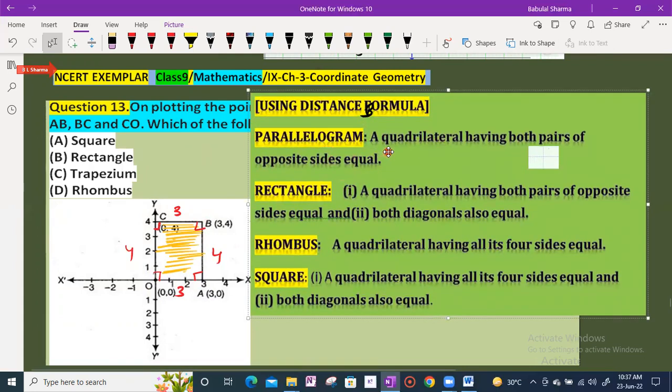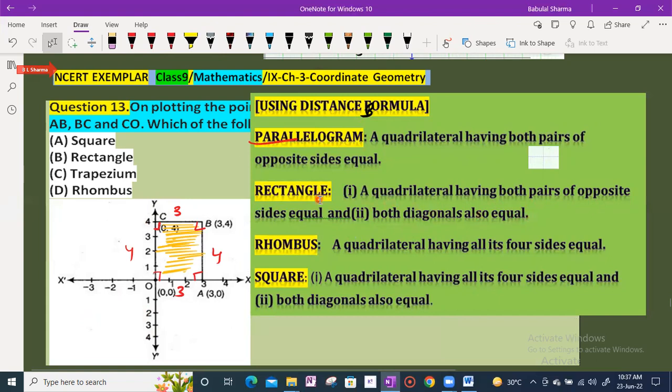For a parallelogram, a quadrilateral having both pairs of opposite sides equal है, तो ये parallelogram है. Yes, this is a parallelogram. Again, a quadrilateral having both pairs of opposite sides equal and both diagonals equal is also a rectangle.